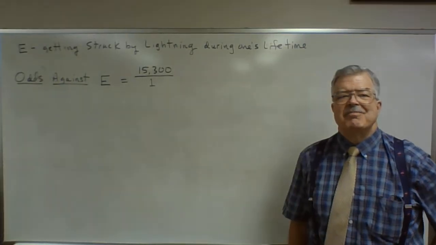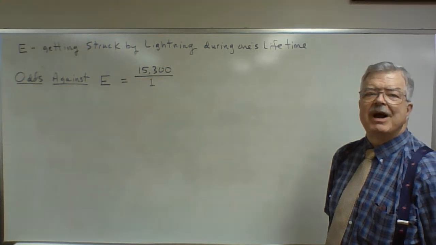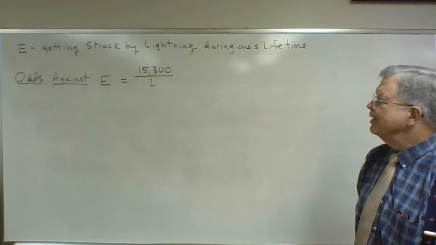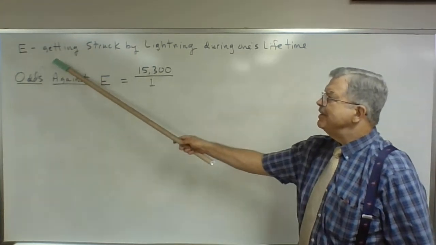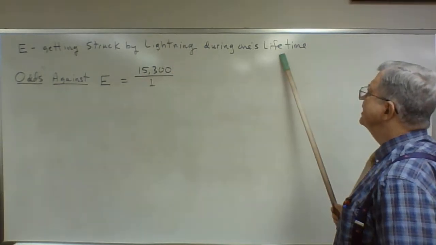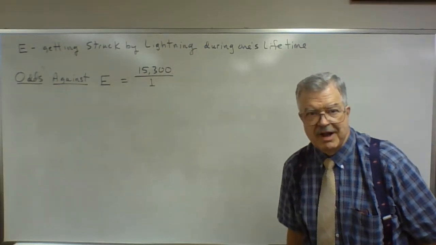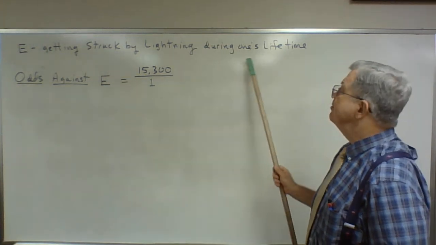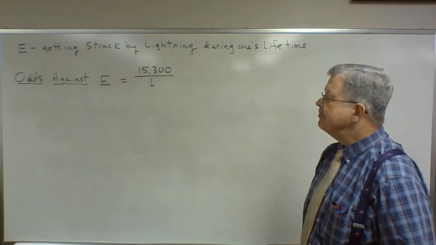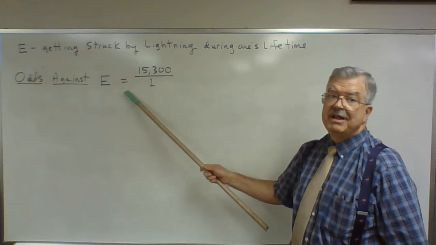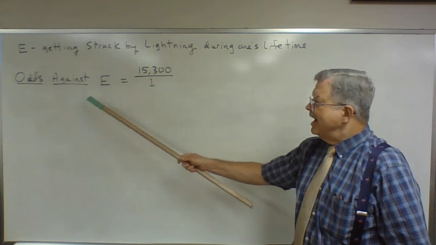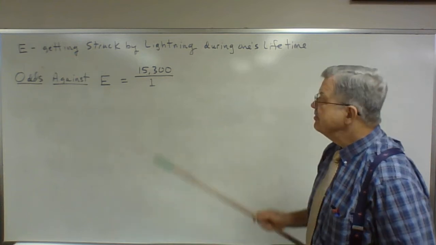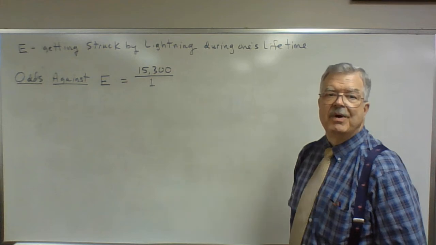Okay, let's get to the nuts and bolts of some of these hypothetical problems and use some real-world statistics to work with. Suppose E is the event of getting struck by lightning during a person's lifetime. E is the event that a particular person gets struck by lightning during their lifetime. It turns out, and these are real statistics, the odds against a person getting struck by lightning are 15,300 to 1.